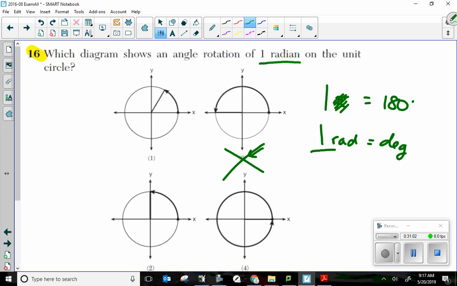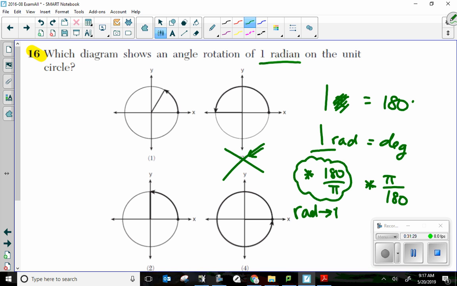Do I multiply by 180 over pi, or do I multiply by pi over 180? This is what you've got to remember: one of these goes from radians to degrees, and one goes from degrees to radians. This one right here is if you want to go from radians to degrees.